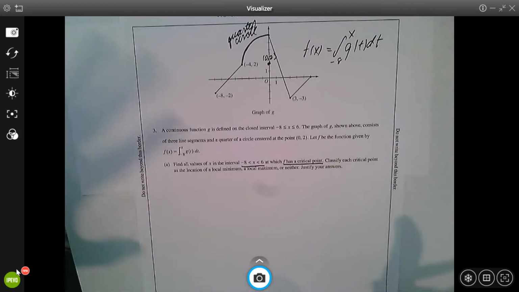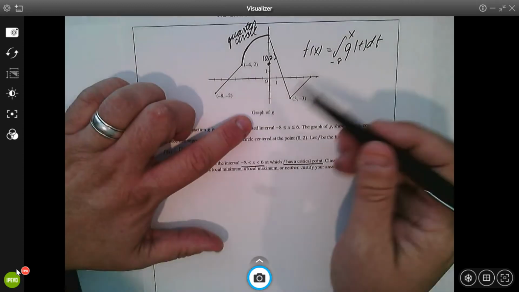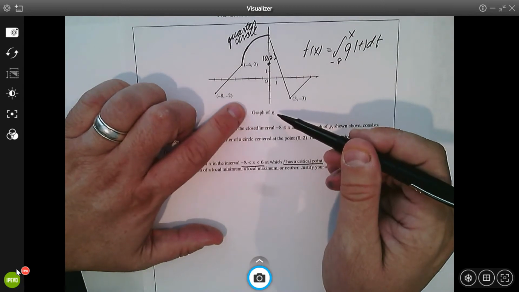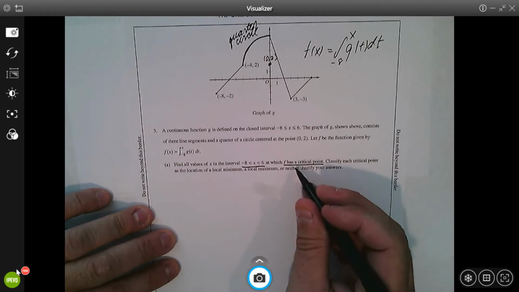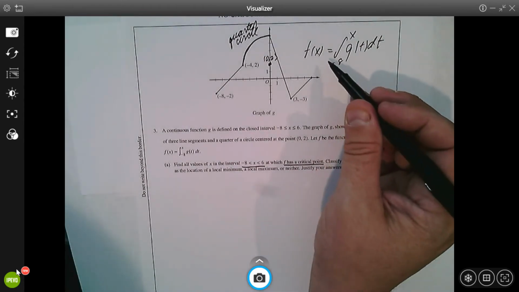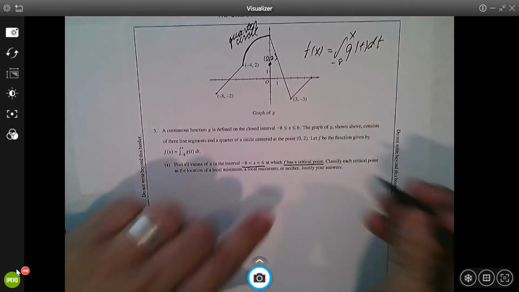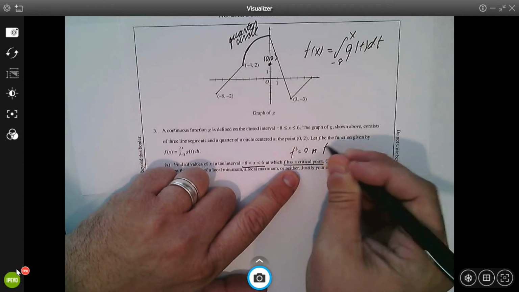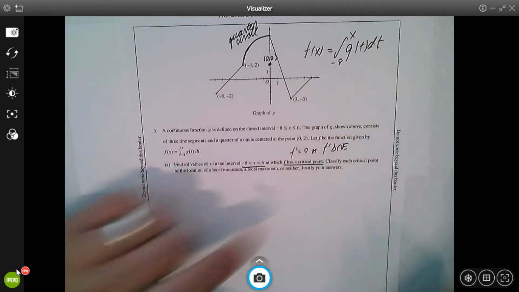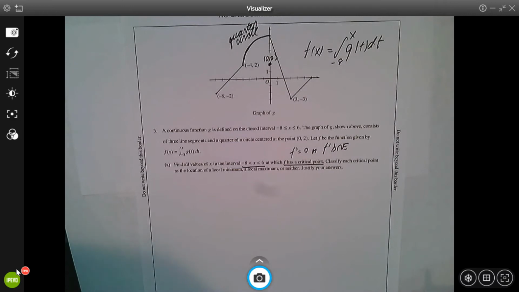Okay, let's take this all in for a second. This is the graph of g. They're asking us for the critical points of f. f is this other function that's defined as the integral from -8 to x. Okay, well, what do I know about critical points? A critical point is where the derivative equals 0 or where the derivative does not exist.